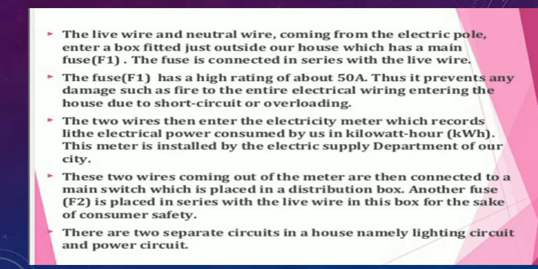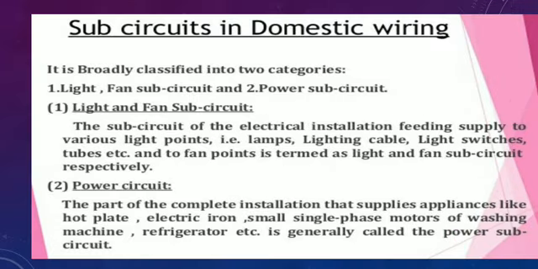The lighting circuit is for fan and lights, and the power circuit is for a different purpose. Now see this, the sub circuits in domestic wiring, that is, types of circuit.